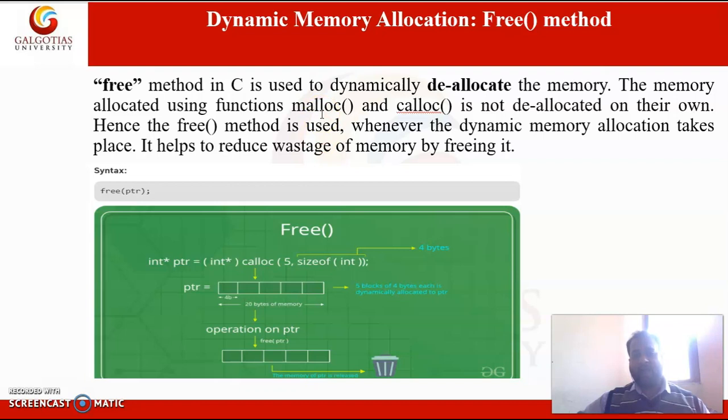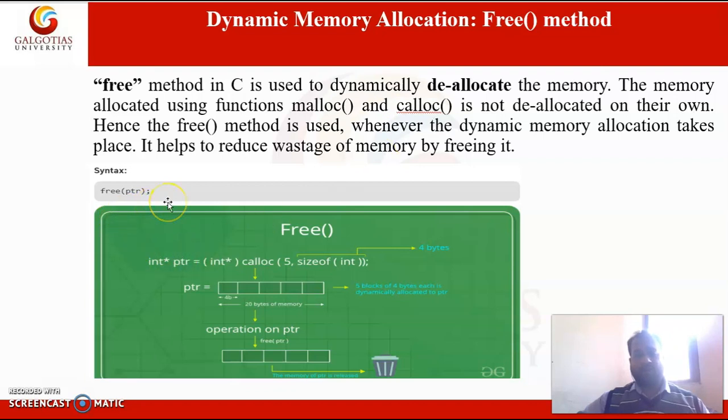Whenever we allocate memory blocks to a variable, it must be freed after use, so that another variable can use the freed memory block. That is done using the free method.